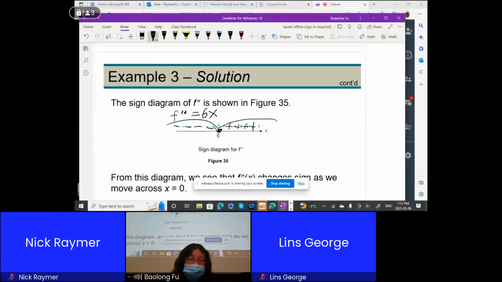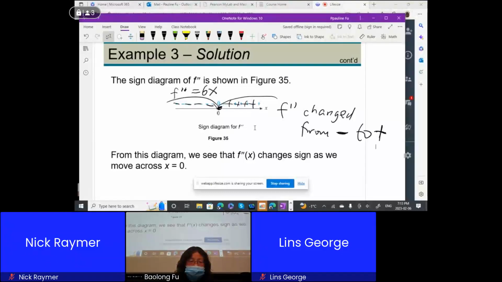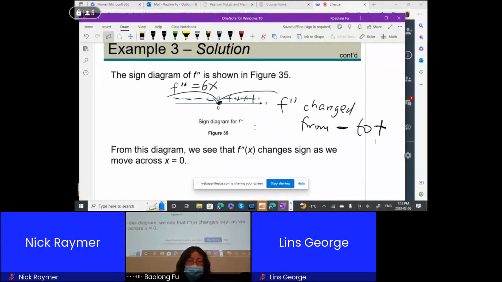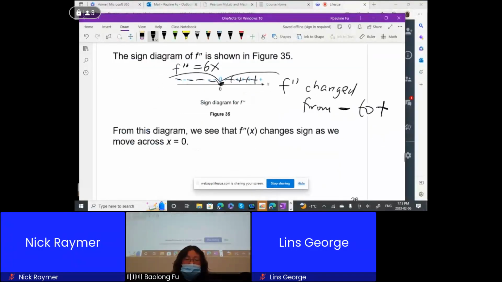Did you see the second derivative changed from negative to positive? Therefore, 0 is the inflection point.